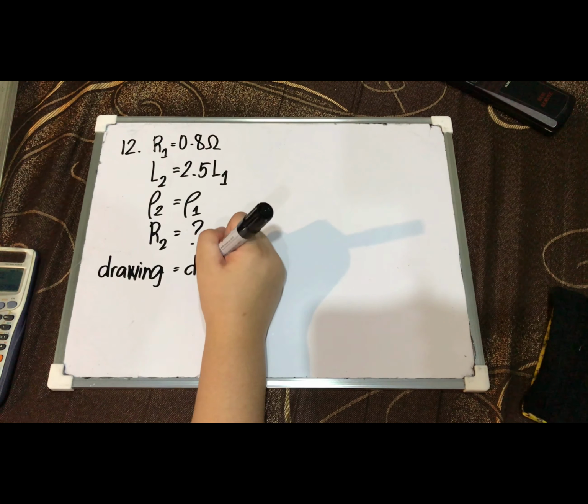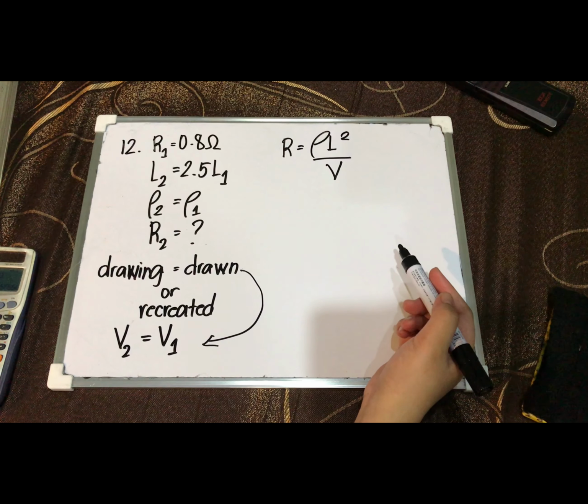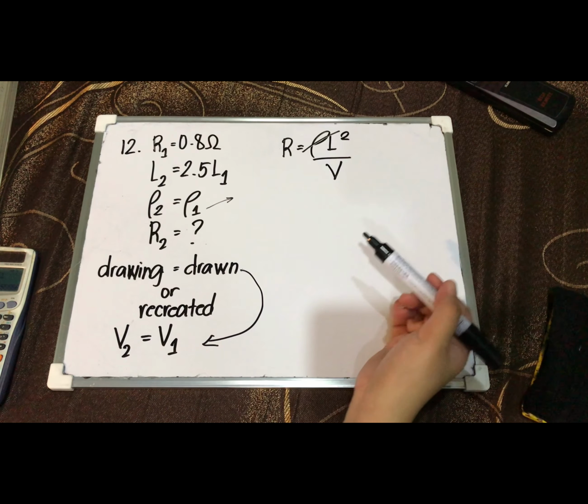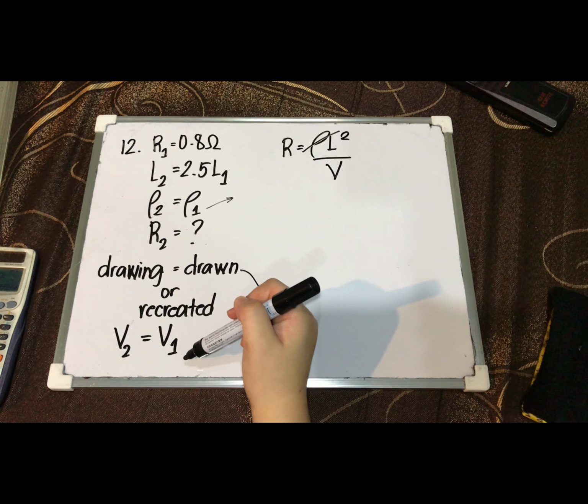So, tips yon na pag binanggit sa problem na the wire is drawn or it has undergone drawing process, meaning the volume remains the same or remains constant. So, ano bang formula ng resistance natin na may volume? Yung formula natin na R is equal to specific resistance L squared over V. So, sinabi dito na remains unchanged ang specific resistivity. So, wala na yan. And then, ito nga, yung volume natin, recreated lang. So, ganun din.